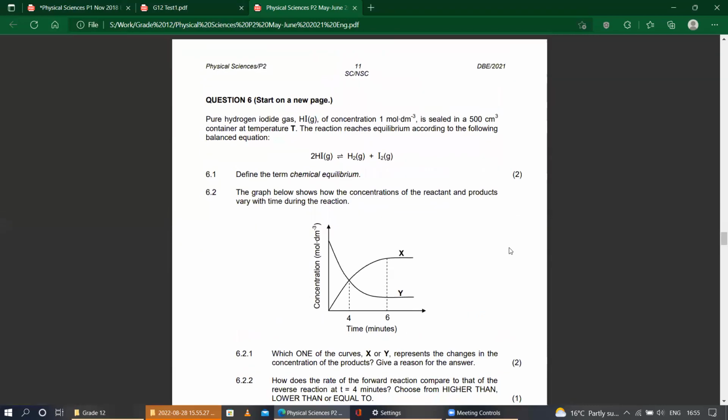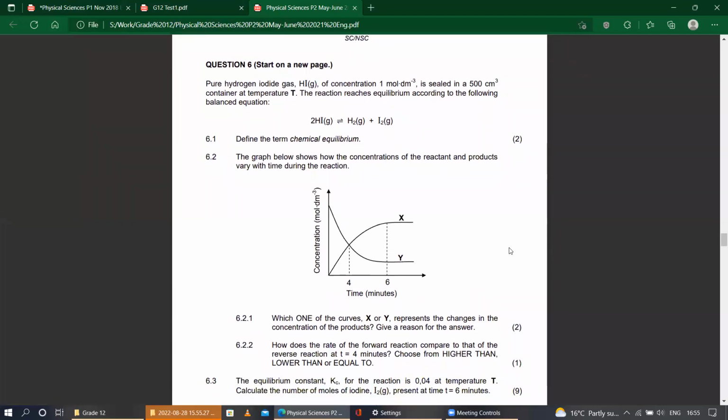So this is also a chemical equilibrium question. Or first, let's just do the one in the test so you can have an idea of how it was supposed to be done, because this question comes in different ways.